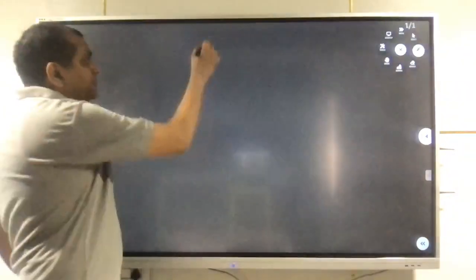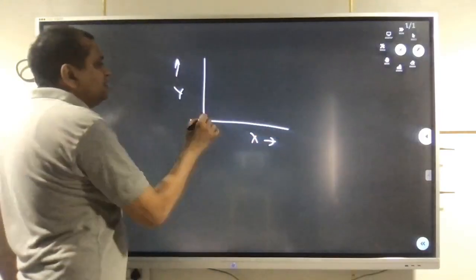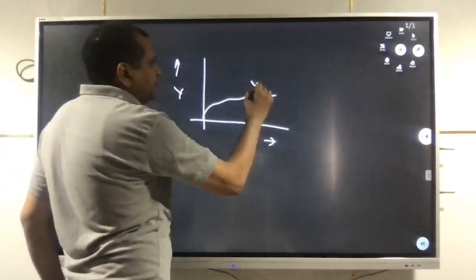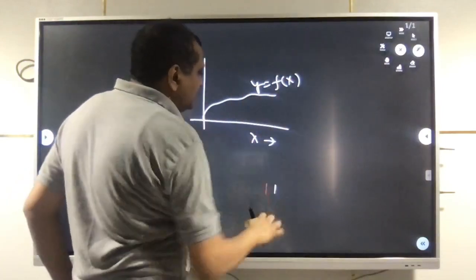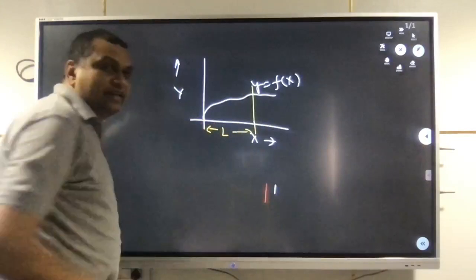Now, there is another thing. X-axis, Y-axis. If there is a curve, and let us say L is the cutoff length.